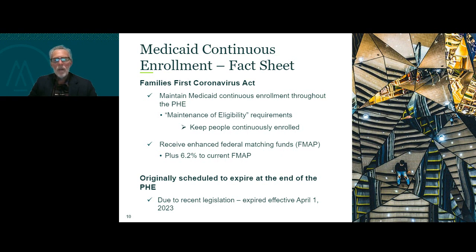The Families First Act provided fiscal relief to states during the expected significant economic downturn associated with the pandemic, and to address additional costs associated with the increase in Medicaid enrollment. As part of that, Congress instituted a continuous coverage provision.